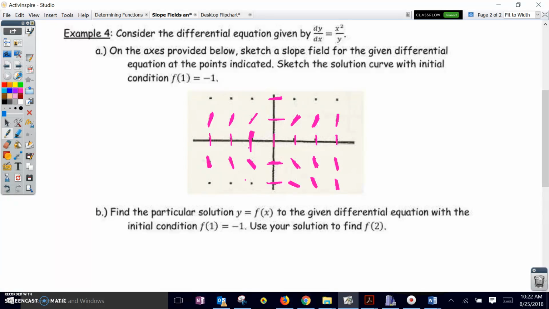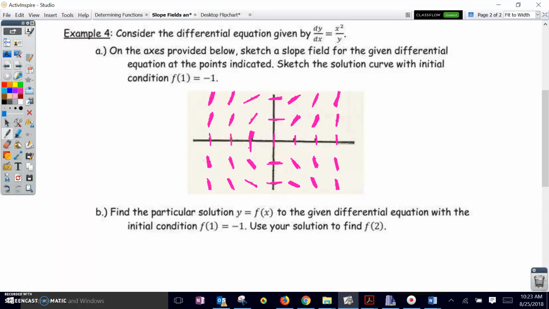Same thing on this side: negative 1 half, negative 2, negative 9 halves. And up above, when x is 1 and y is 2, the slope will be positive 1 half, and then positive 2, positive 9 halves, and positive 1 half, and positive 2, positive 9 halves.